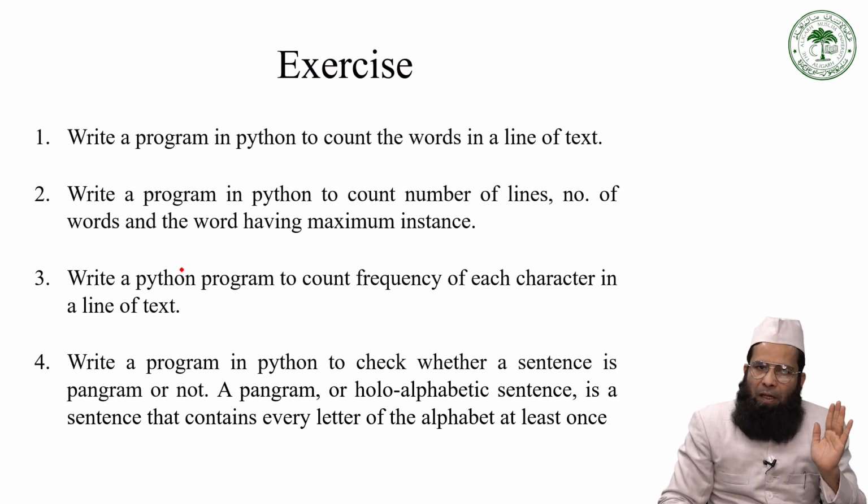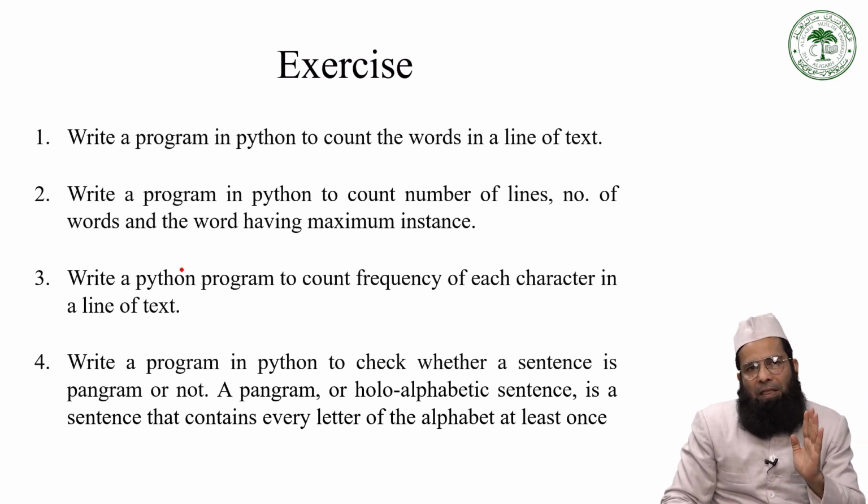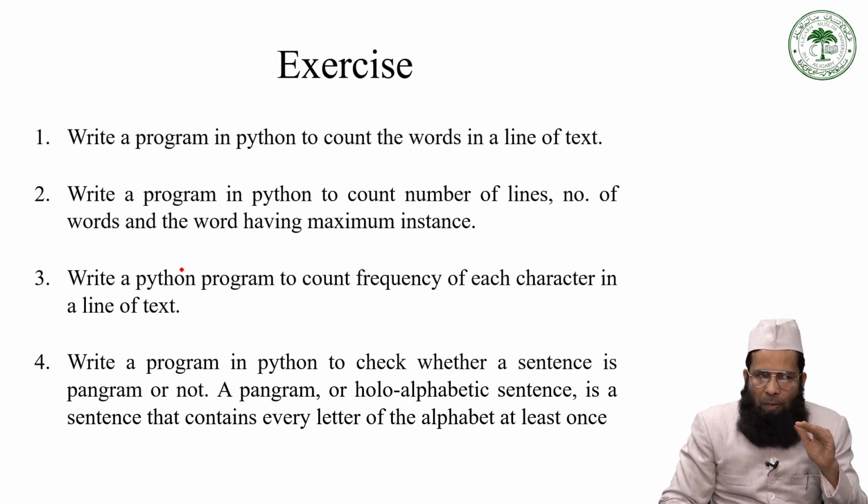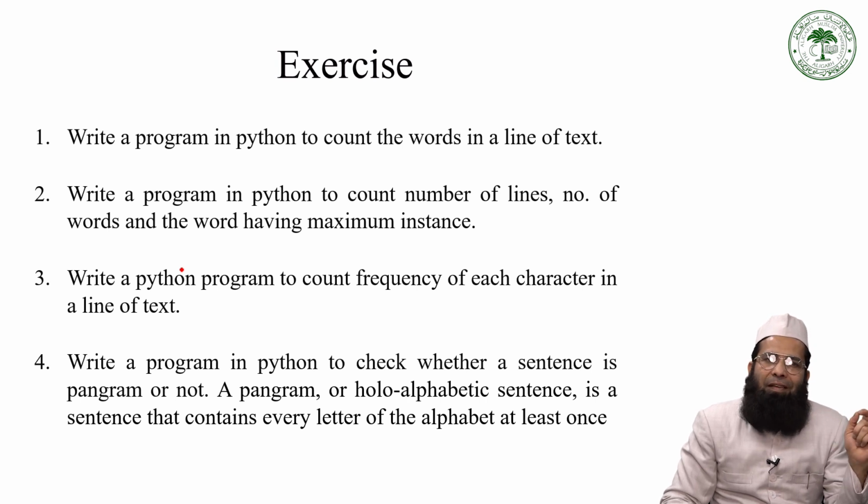So if the length of this dictionary is 26, it means each and every character is present in that string, in that text, right? The same problem I actually solved when I was trying to find the frequency of each and every character.